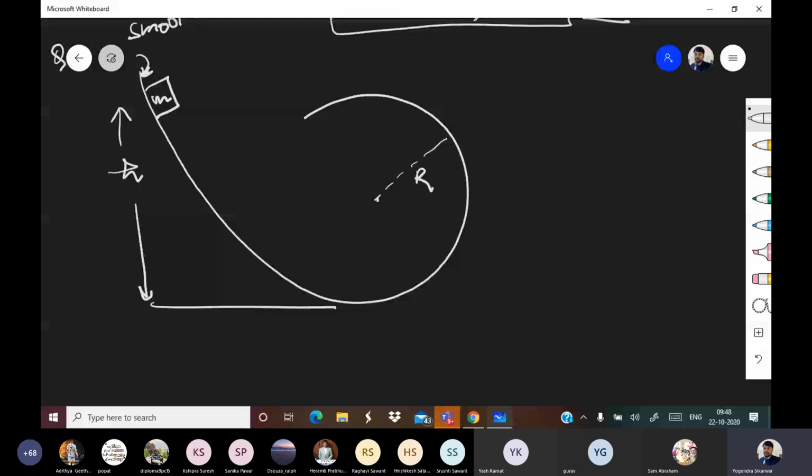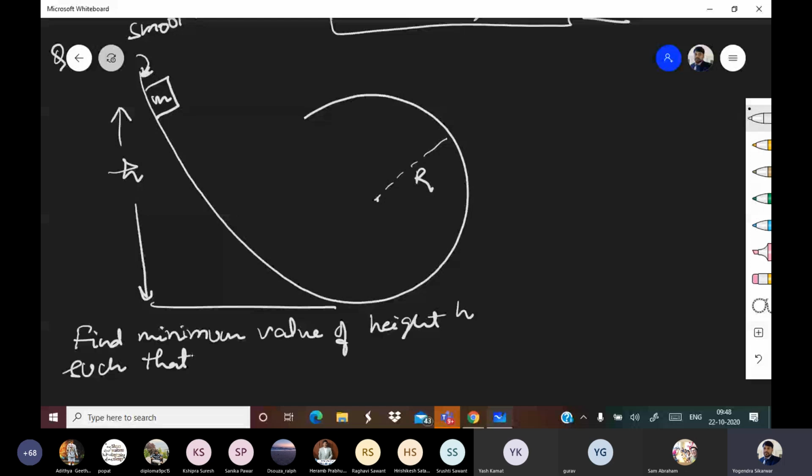Find the minimum value of height h such that the block will be able to complete the vertical circle.